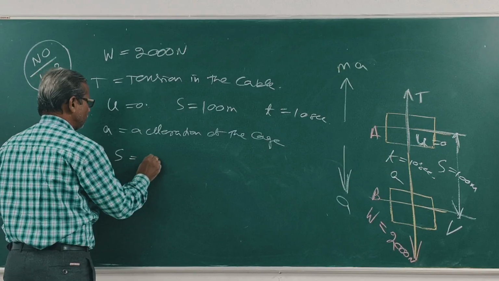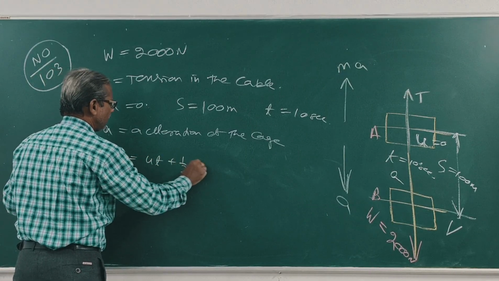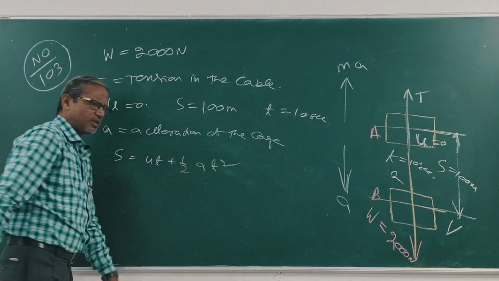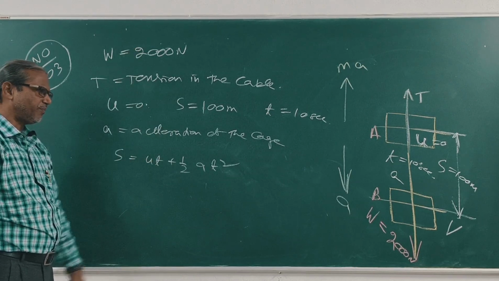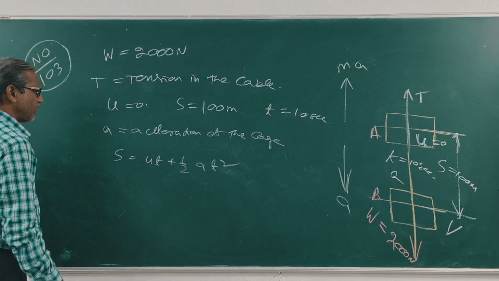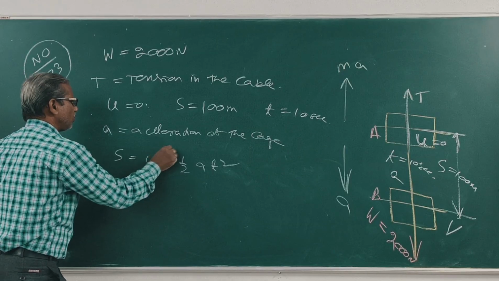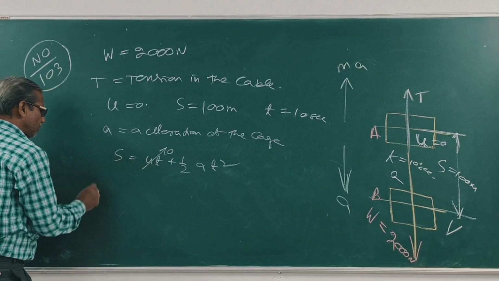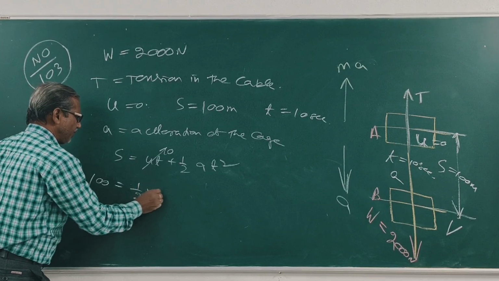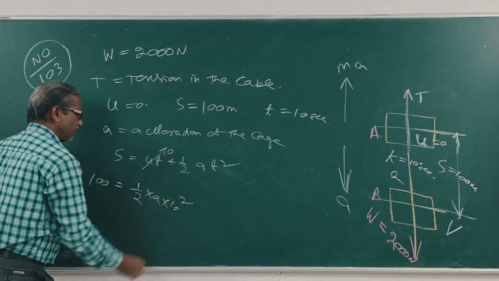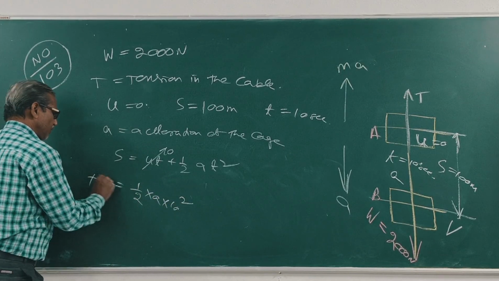Now, S is equal to Ut plus half at square, where S is the distance traveled by the body from A to B. So 100 is equal to, U is 0, so this is 0, half A into 10 square. 10 square is 100, cancel out.